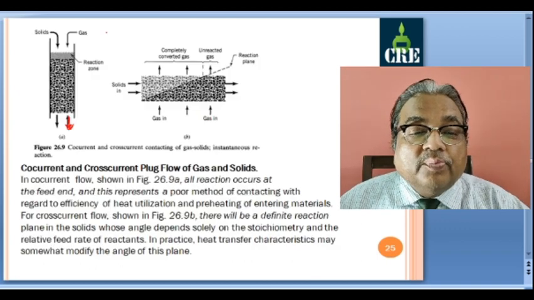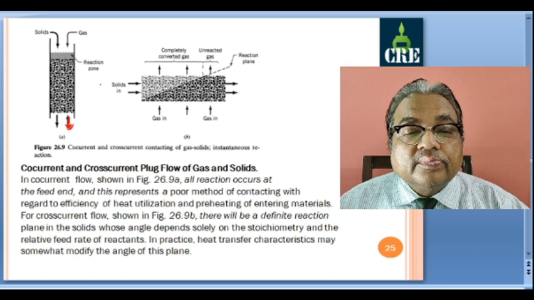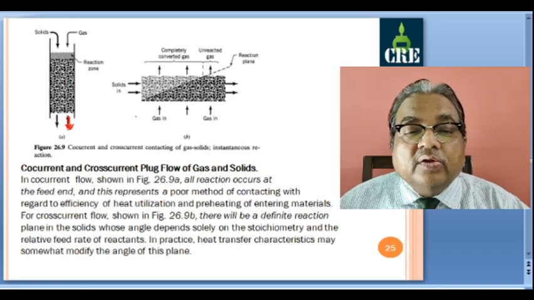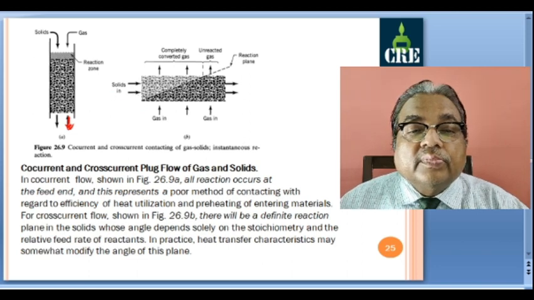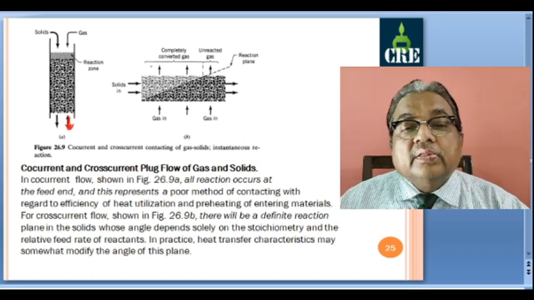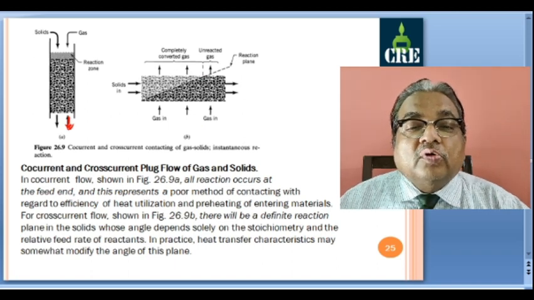So here is one more example, of cocurrent flow. Solids and gas both are entering from the top and moving in the same direction. And here you have cross current flow, solids in this direction and the gas perpendicular to this.